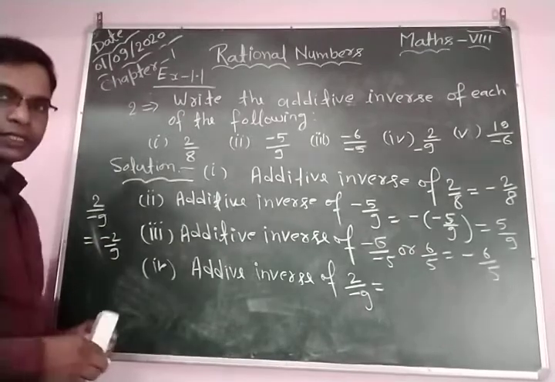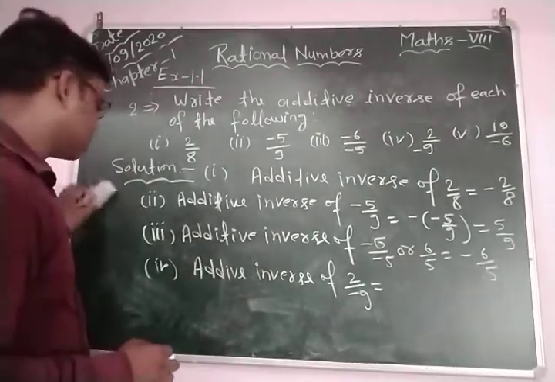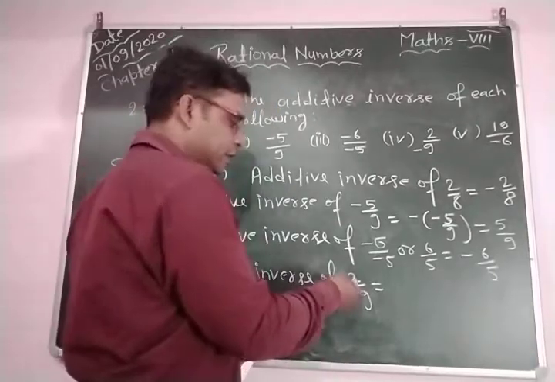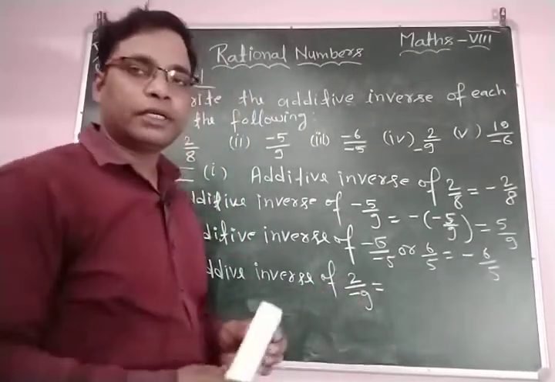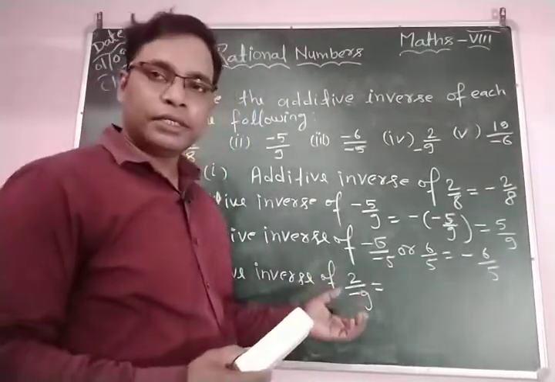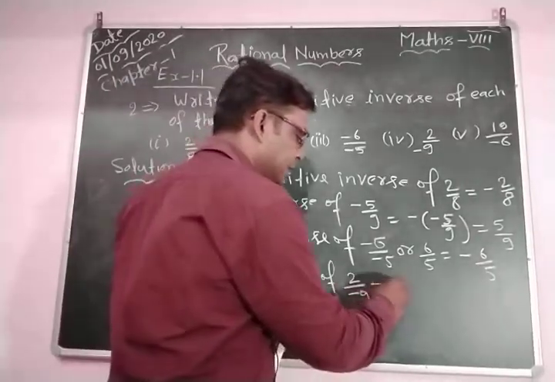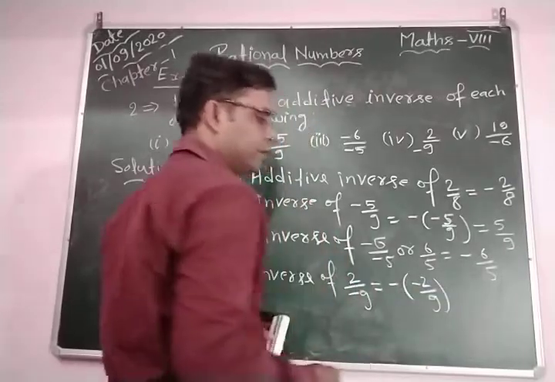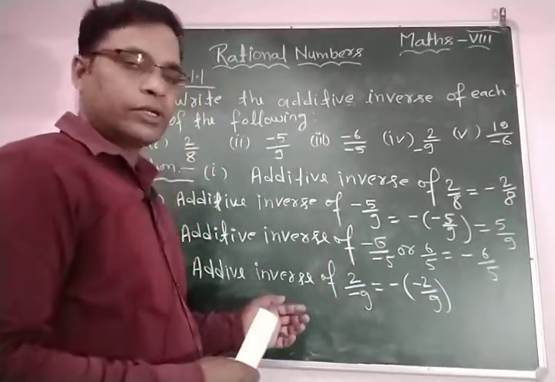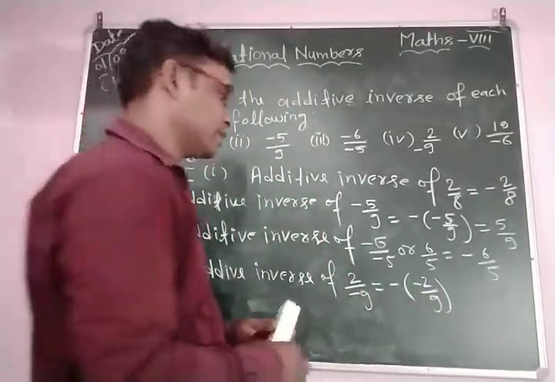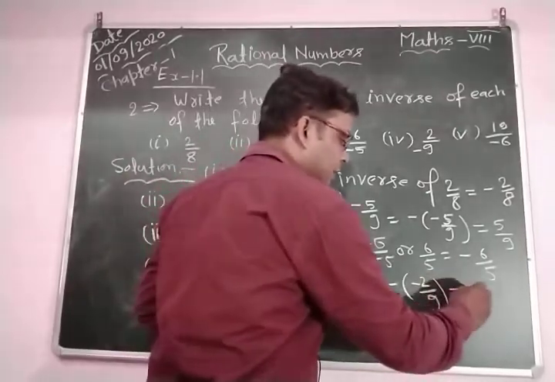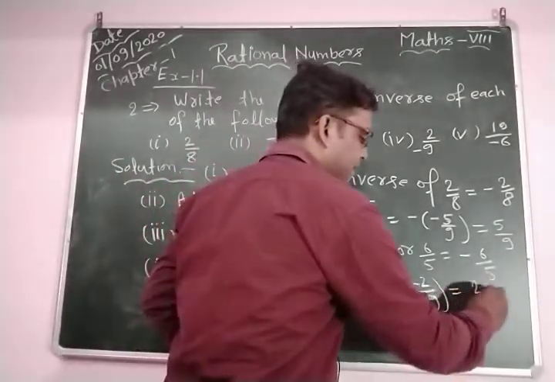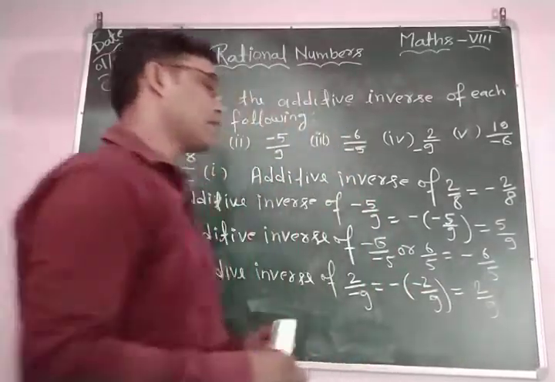Okay, both are the same. So if you use the negative sign, directly you can write 2 by 9, or you can write it as minus 2 by 9. So this is equal to minus and minus gives plus, you know very well. This is equal to 2 by 9 in a simple way.